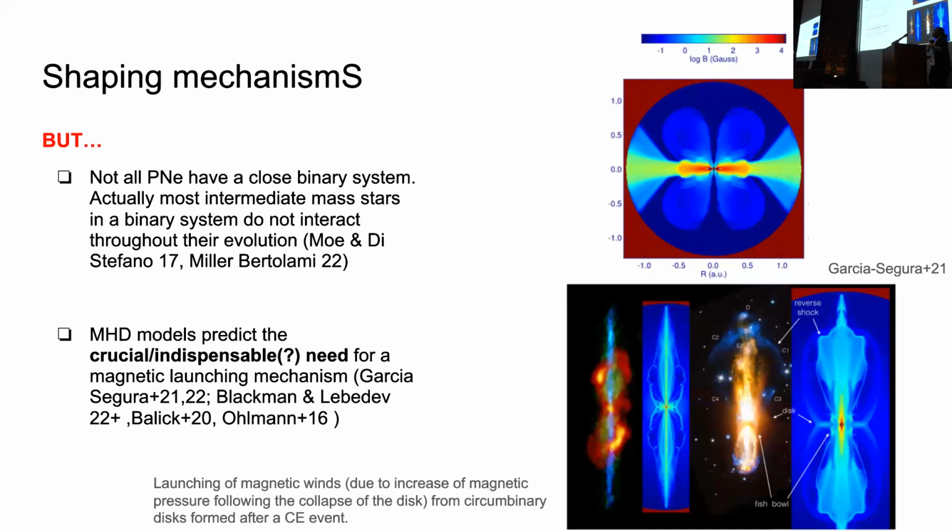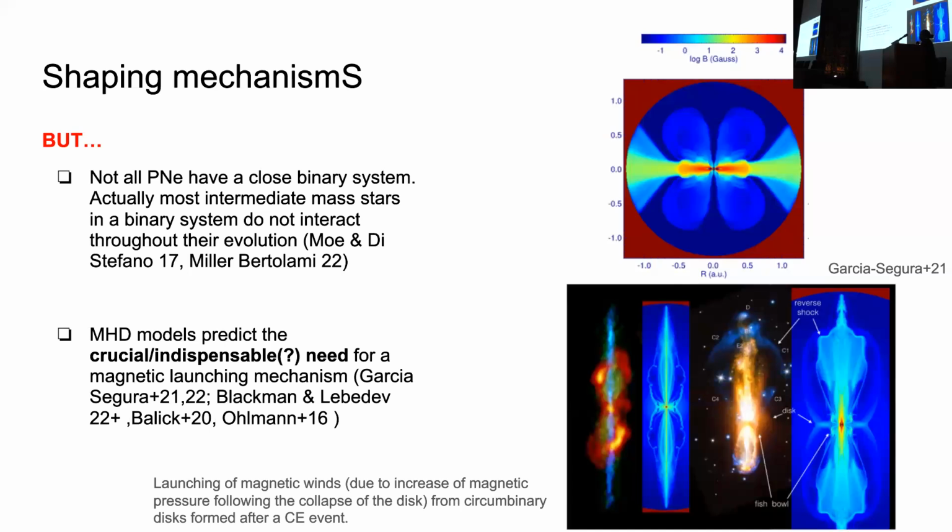Actually, most intermediate-mass stars in binary systems will never interact. And remember, 80% of planetary nebulae are non-spherical. But here we know that most intermediate-mass stars in a binary system do not interact. Okay, so that's another problem.